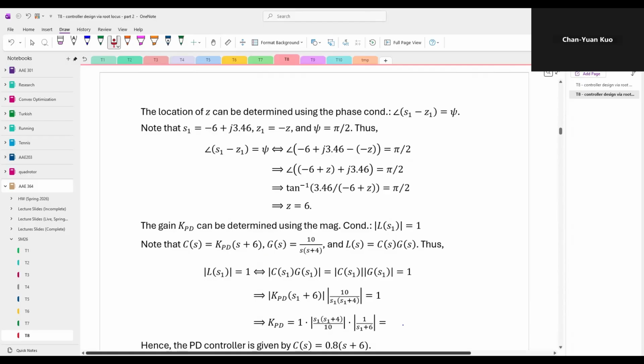And after doing so, we can see that the gain should equal 0.8. Therefore, the final PD controller consists of a gain of 0.8 and a zero at -6.